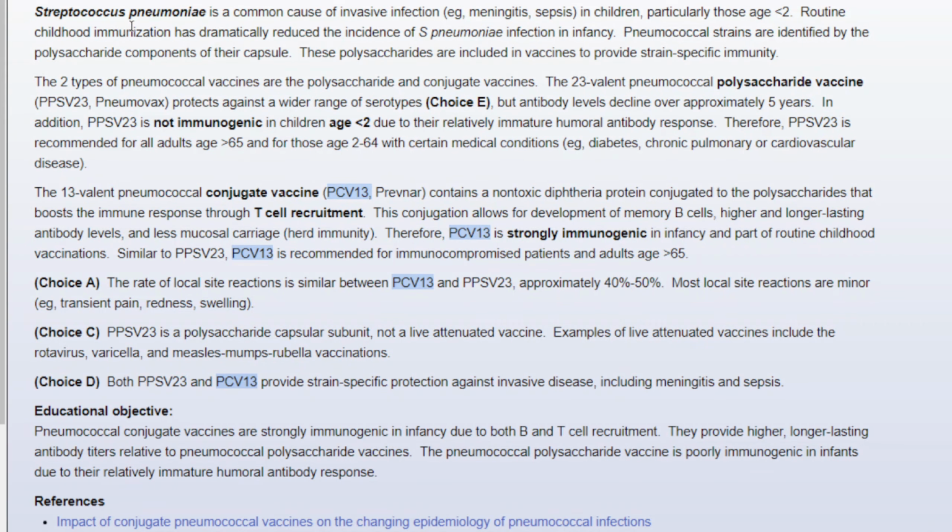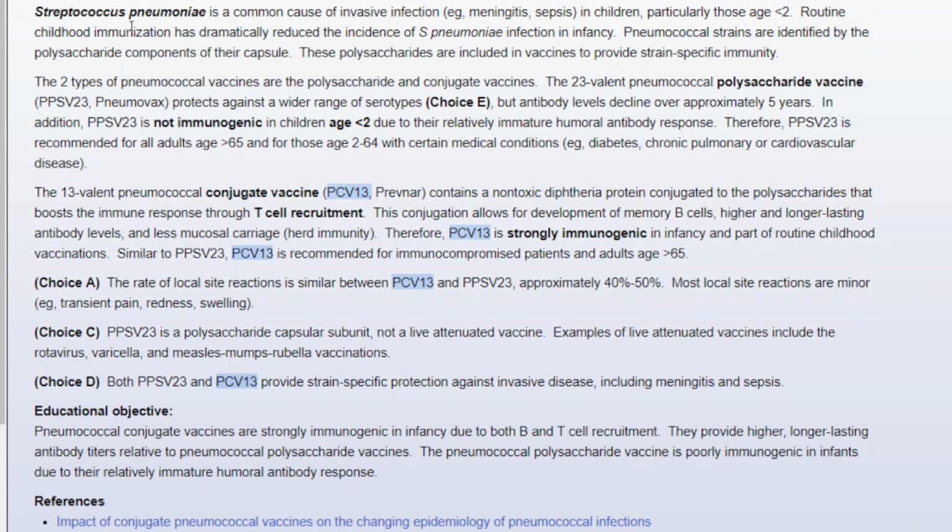So that is the polysaccharide vaccine. Then the 13-valent pneumococcal conjugated vaccine. This is a conjugated vaccine. The PCV13 from Pfizer contains a non-toxic diphtheria protein conjugated to the polysaccharide that boosts the immune response through T cell recruitment. The conjugation allows for development of memory B cells, higher and longer lasting antibody levels, and less mucosal carriage.